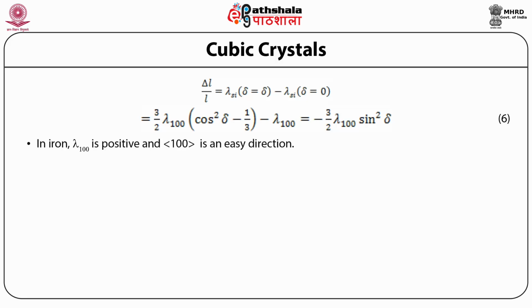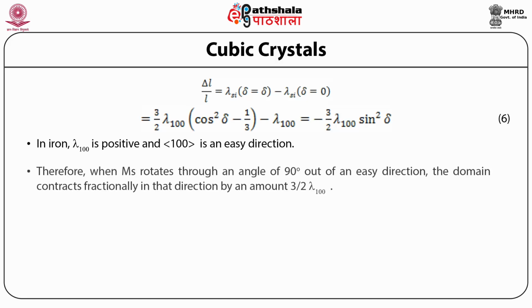In iron, lambda 100 is positive and [100] is an easy direction. Therefore, when Ms rotates through an angle of 90 degrees out of an easy direction, the domain contracts fractionally in that direction by an amount 3/2 lambda 100.